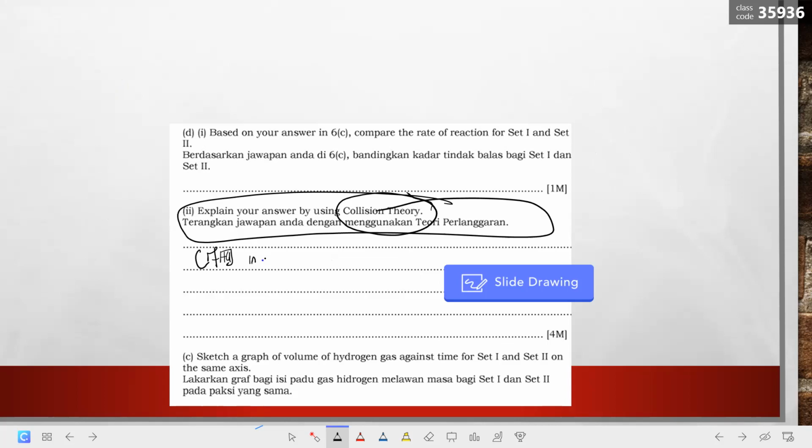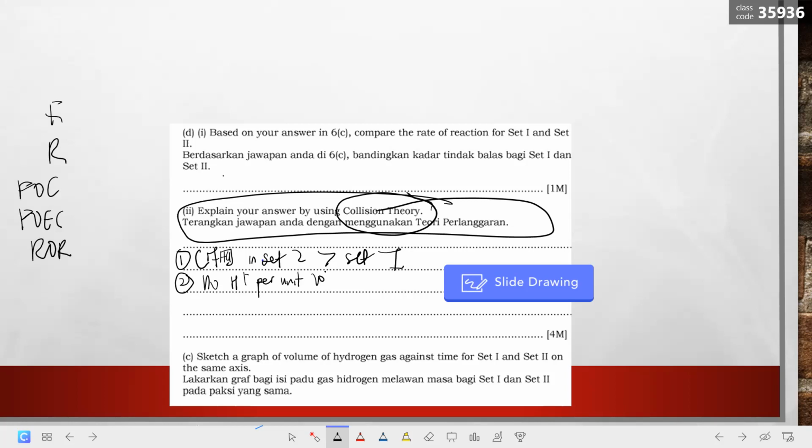The concentration of hydrochloric acid in set 2 is higher than set 1. That's my factor. Therefore, the number of hydrogen ions per unit volume in set 2 is higher than set 1. Are you copying my answers, Bhavi? No, I memorized from earlier.